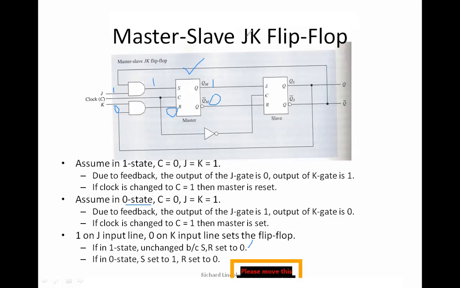The takeaway from this is that whatever values are there for master, those values are passed to the slave in the next clock cycle. So you should be knowing the truth table of your JK flip-flop. So whenever J is 1, the output tends to be 1. Whenever J is 0, the output tends to be 0.